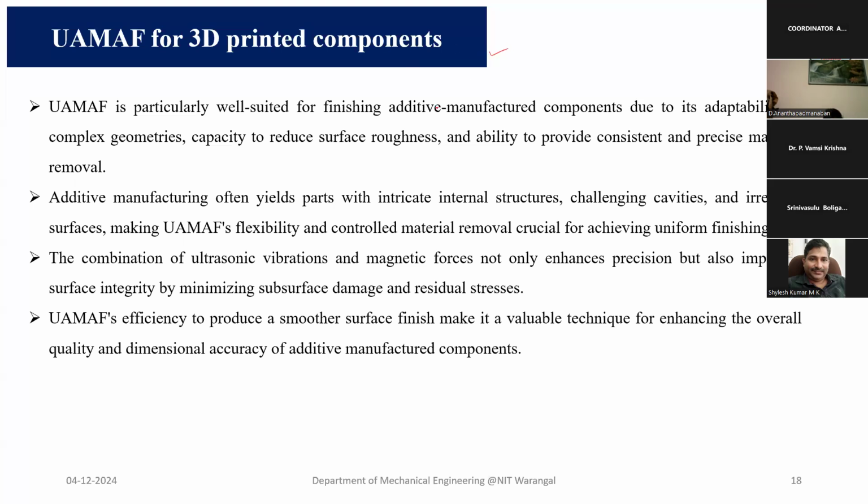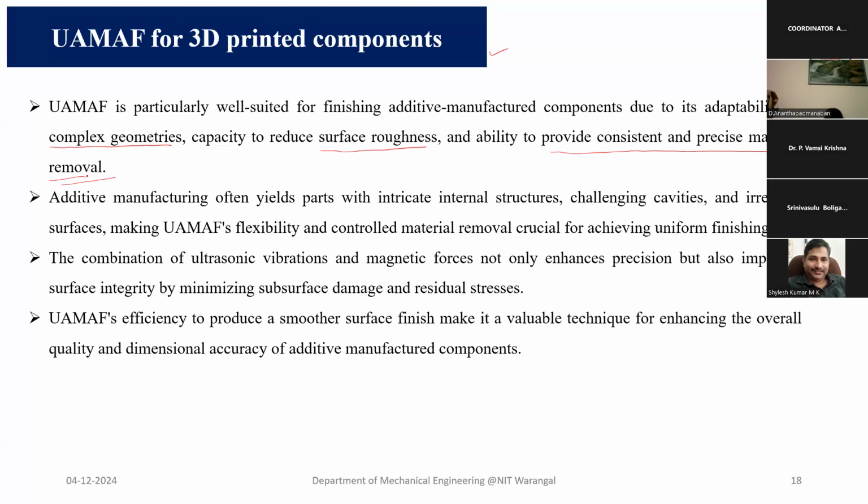Why it is useful is that finishing of additive manufacturing components is very important, because additive manufacturing components have very complex shapes, and we need to reduce the surface roughness, provide very accurate dimensions, and provide consistent and precise material removal rate.